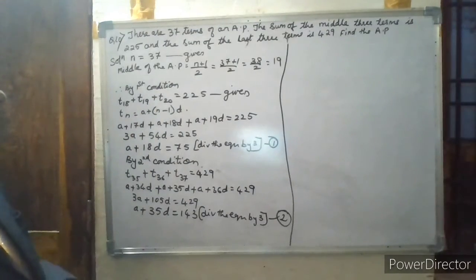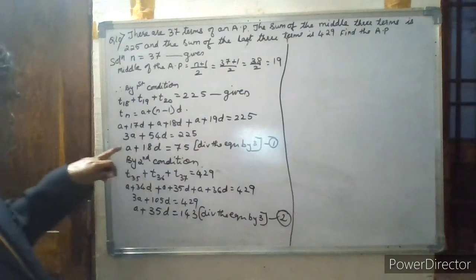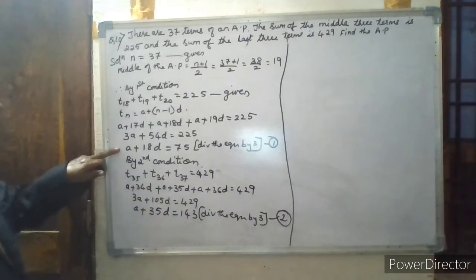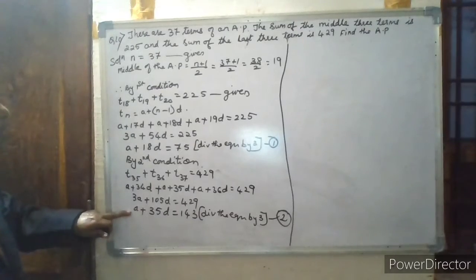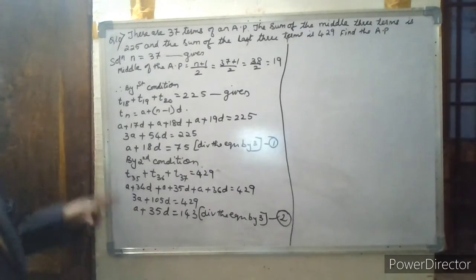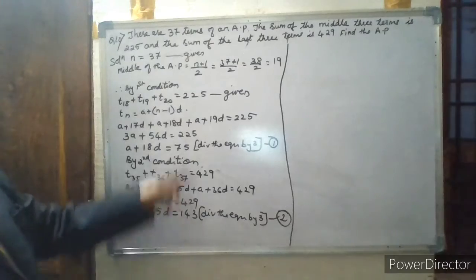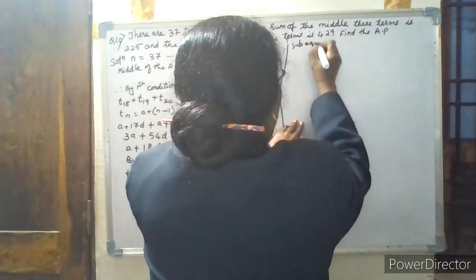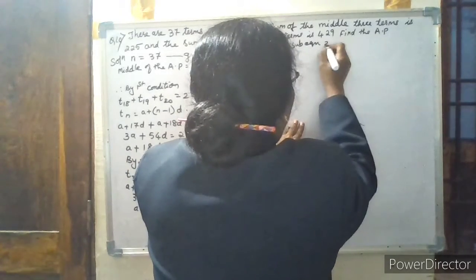So we'll solve this. The coefficient of a is 1 here, and the coefficient of a is again 1 in equation 2. Therefore we can subtract equation 2 from equation 1.